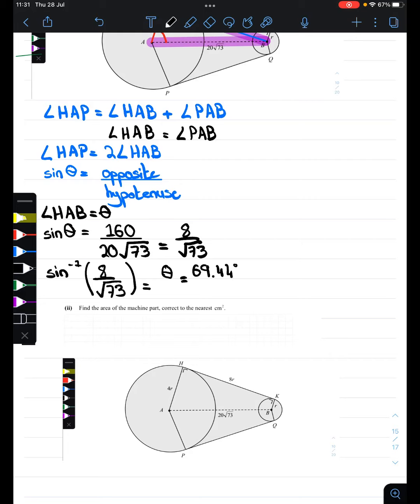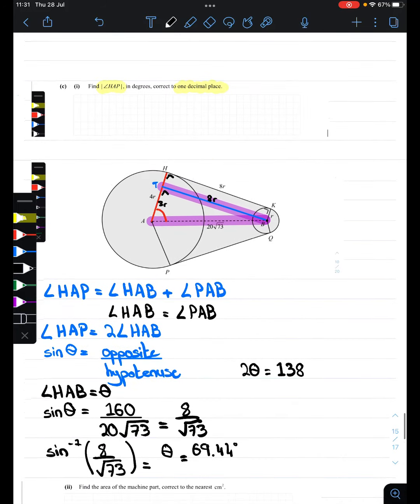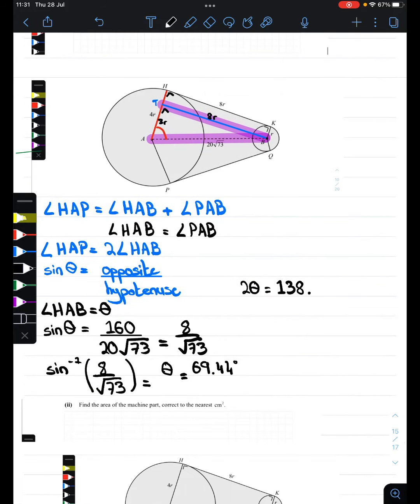Okay, so we have theta, but we're not looking for theta. We're looking for 2 theta. So that means that 2 theta equals 2 by 69.44 equals 138.88, or to one decimal place, 138.9 degrees. And that equals our angle HAP.